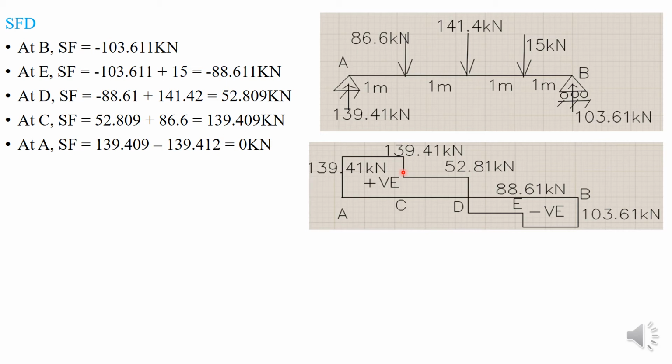So 52.81 plus 86.6, that is a total of 139.41 kilonewton, will be the force at A. And check with the reaction at RA: minus 139.41 plus 139.41, the total is equal to zero. So drop a vertical line from this point to A. Okay.